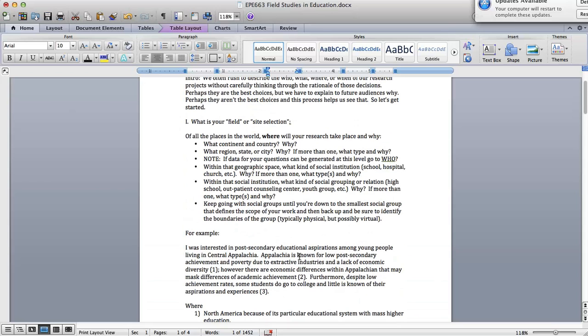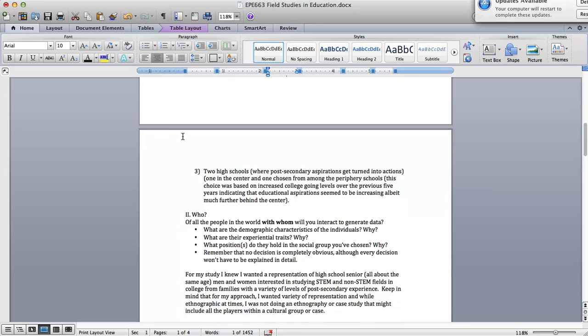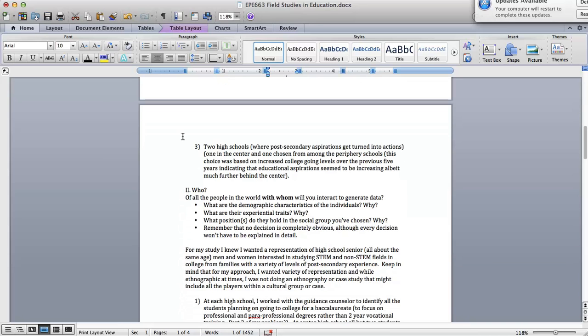Okay, so go back through your project and figure out where your research will take place and why. Really explore that question. Once you have the setting, figure out who within that setting you're going to talk to or be with in order to generate data.